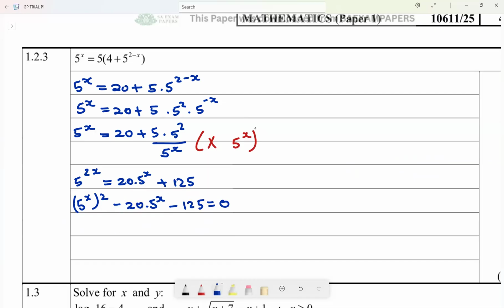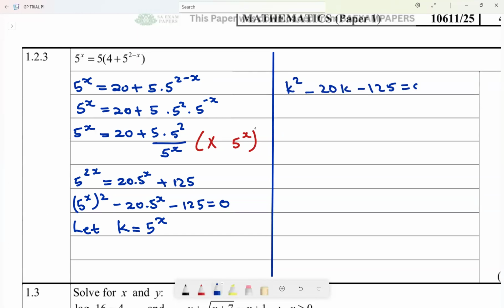For simplicity, remember we are here to simplify everything. Let k, or any letter that you like, be 5 to the power of x. If that's the case, we have k squared minus 20k minus 125 equal to 0.